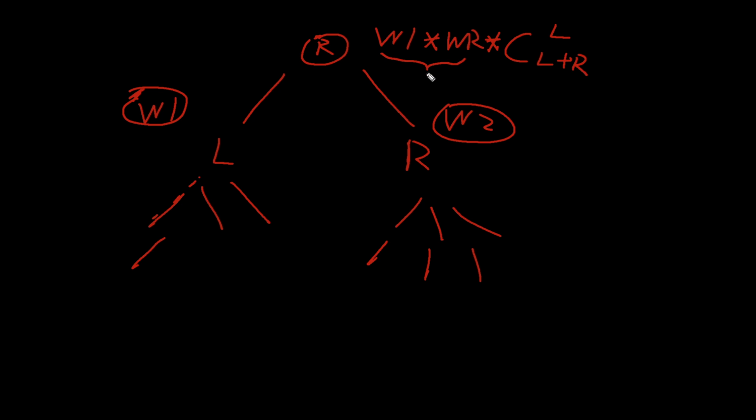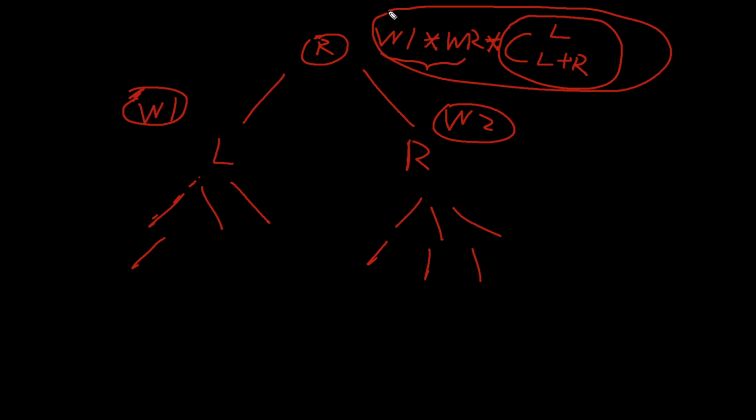Here we're selecting all the possible left tree and right tree, and for each combination of left tree and right tree, we have this many ways to build. That's why we multiply all these three together for this more complicated case.